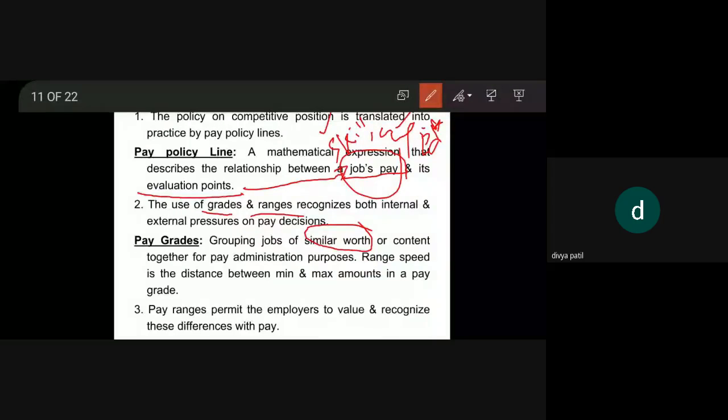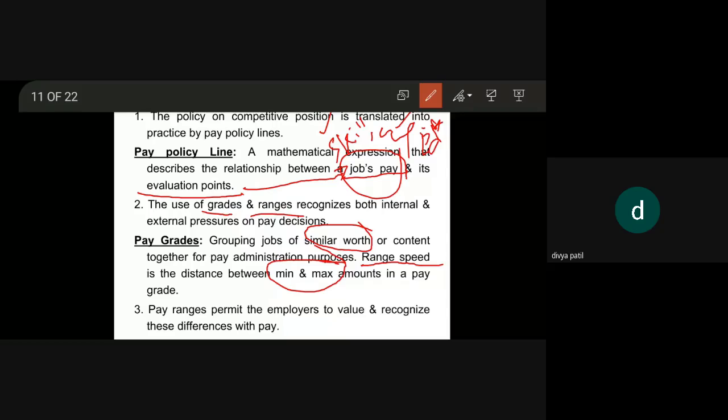For example, all accounts-related jobs can be grouped into one. And sometimes among those accountants we may have some range. What is the range? Range is the distance between the minimum and maximum amount in a pay grade.